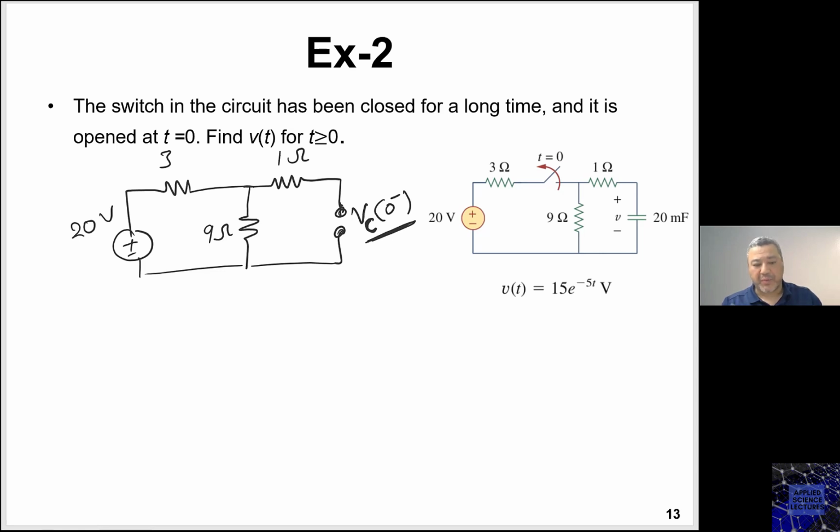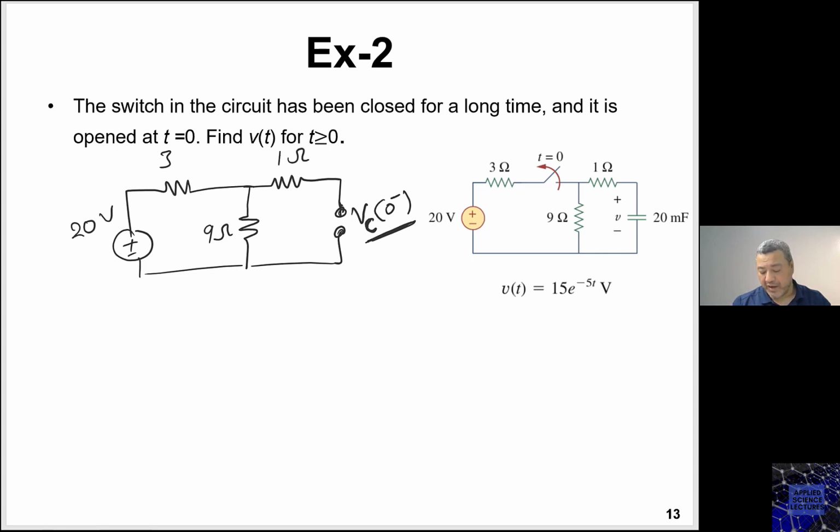So in other words, the capacitor has already reached its maximum charge. It has across it a voltage that I will be considering as my initial voltage for the next stage when my switch is open. Remember, we have said before that the voltage across the capacitor is continuous and does not change instantaneously.